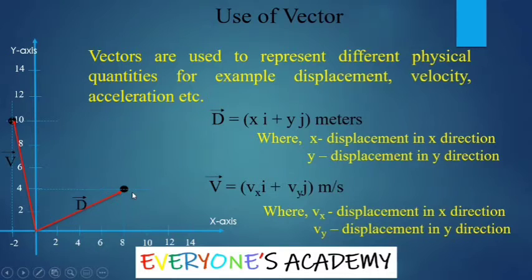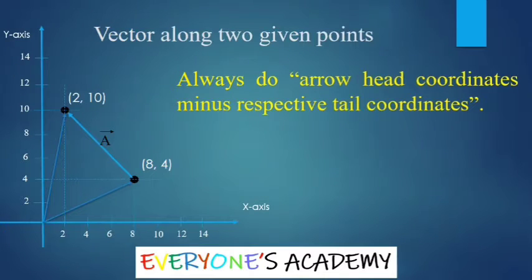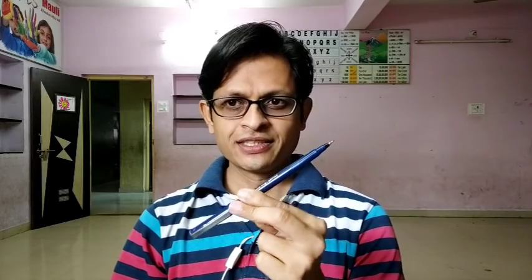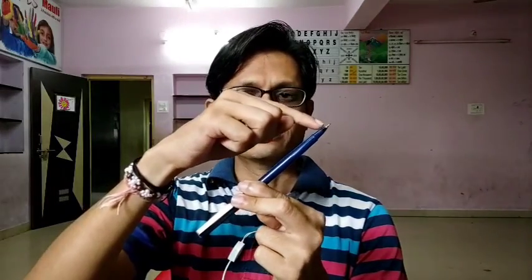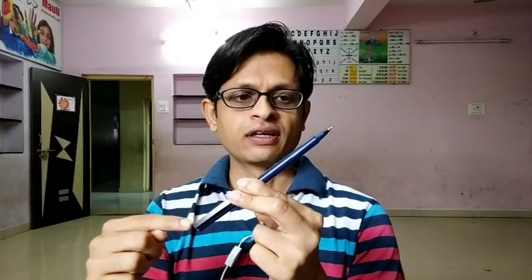Suppose a vector is to be calculated which passes through two different points, in that case we will calculate that vector by doing arrowhead coordinates minus respective tail coordinates. Suppose this is a vector, this is the arrowhead and this is the tail of the vector, then you should find out arrowhead coordinates and subtract tail coordinates from them to calculate the vector passing through two different points.